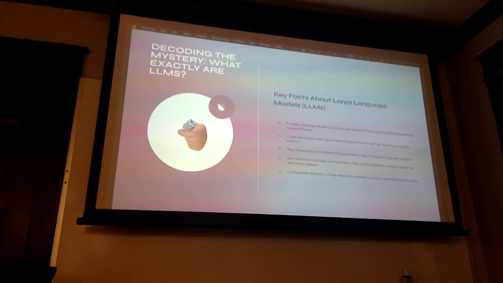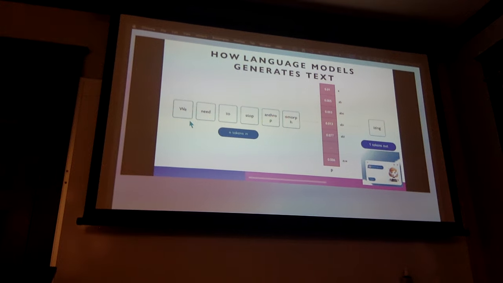What exactly are LLMs? Well, it generates human text, right? It is a neural network. It has a lot of parameters, and mainly though, this self-attention is the key to the LLM. It generates text, right, by what's called an autoregressive mode, right? It uses tokens, not really alphabets.